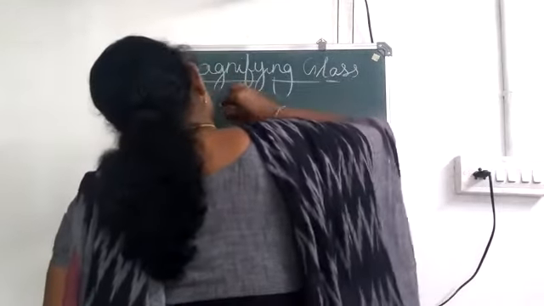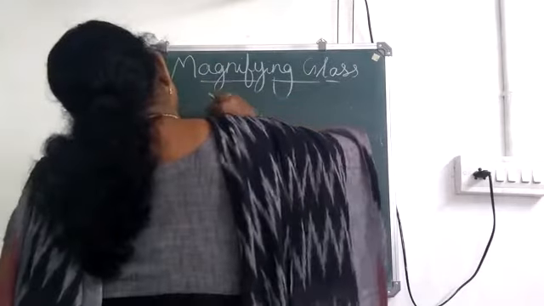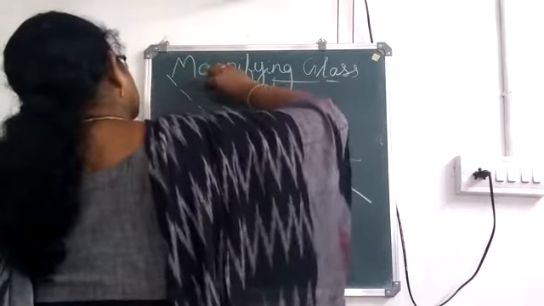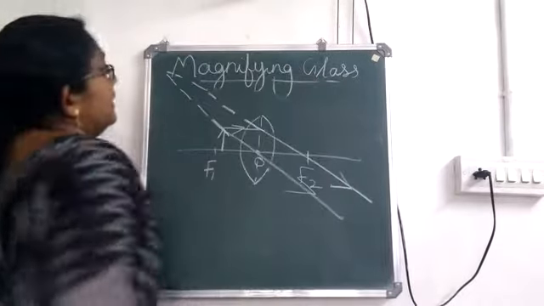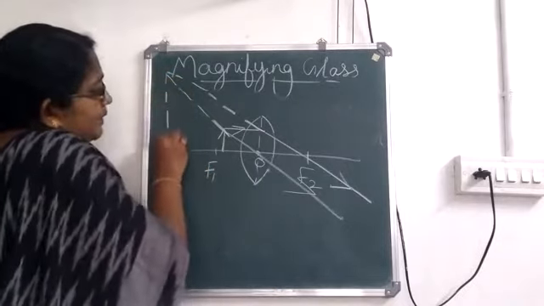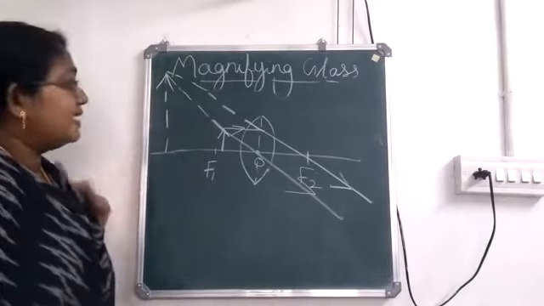If you extend the light rays in the backward direction, they meet at a point and you get a virtual, erect and magnified image.